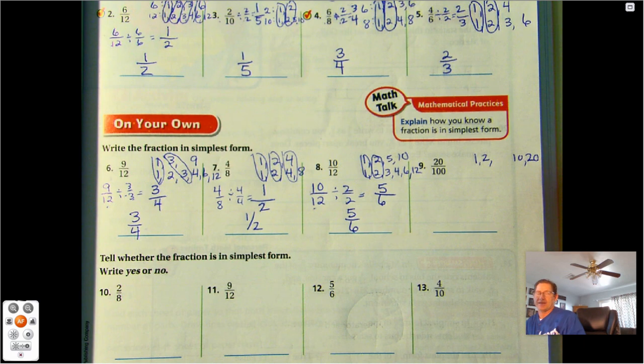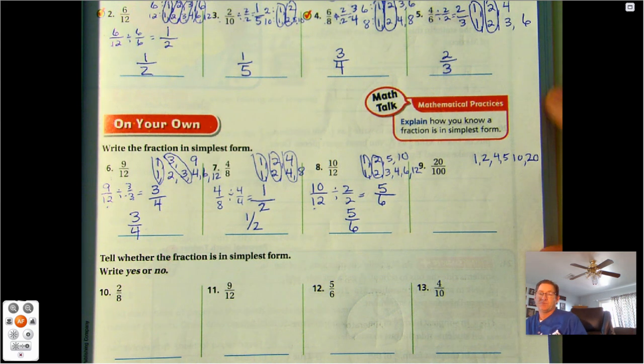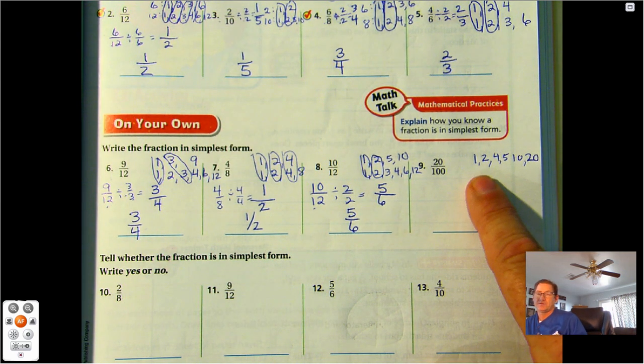I know that 4 times 5 is 20. 6 will not work because 20 is not divisible by 2 and 3. 7 won't work. 7, 14, 21. No. 8, 16, 24. No. 9, 18, 27. So 9 is not. So those are our factors of 20.